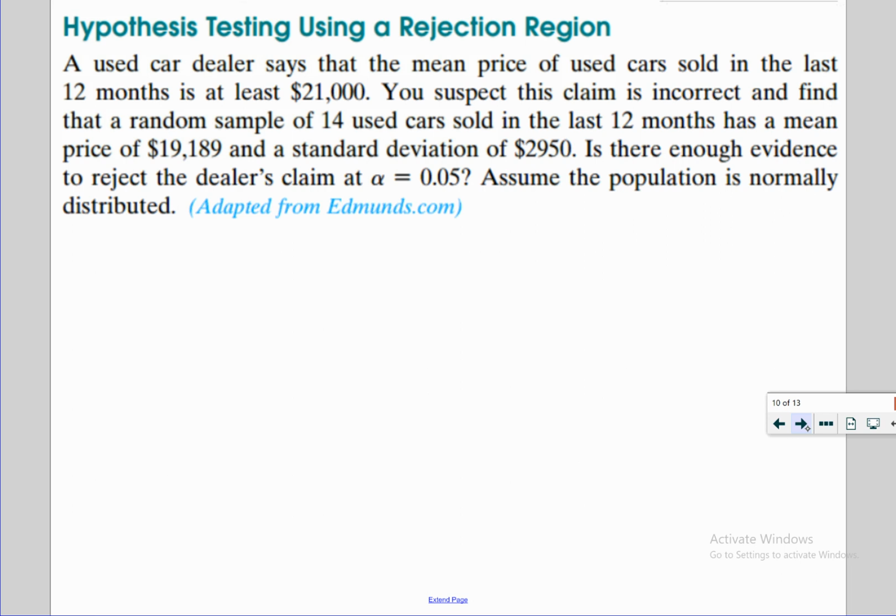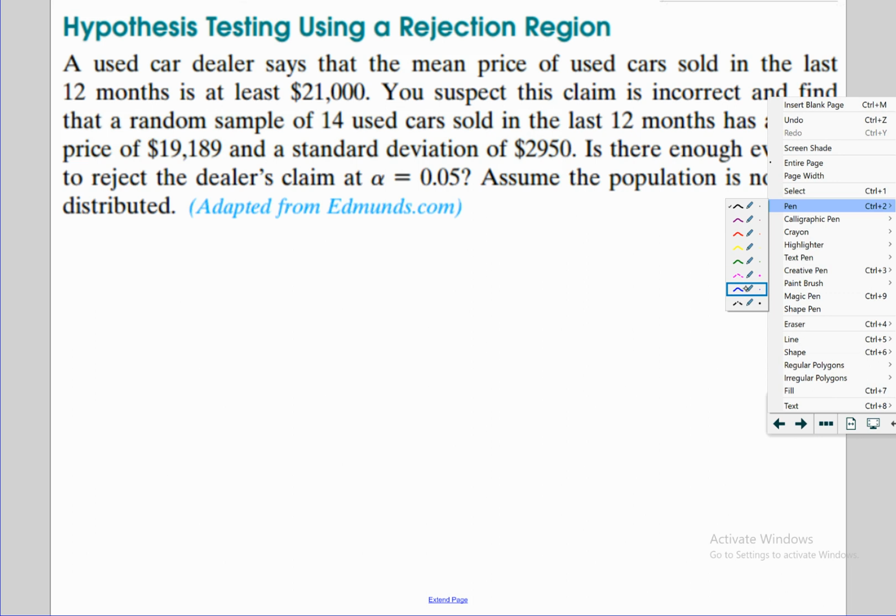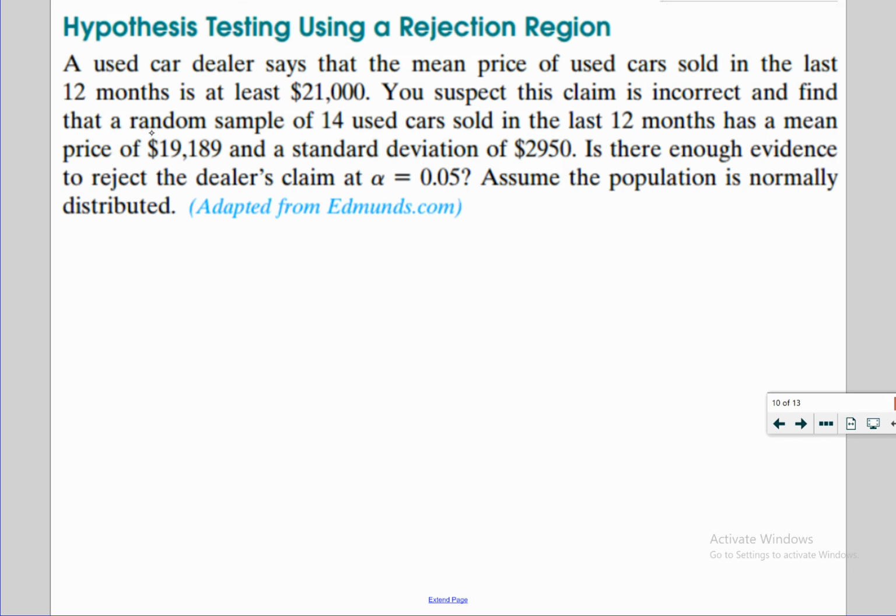Okay, so checking my things to start here. Do I have a random sample? Yes. Right there. Okay, is my population normally distributed or my sample size at least 30? Normally distributed. Okay, so we're good on our initial conditions here.